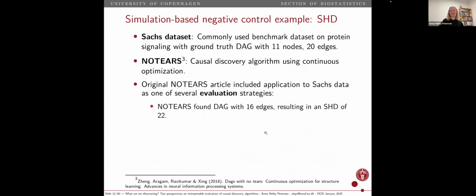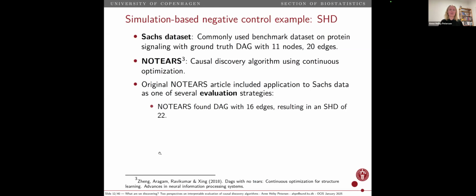Oh, well, you can compare that with a negative control by simply simulating a large number of DAGs with the same number of edges as NOTEARS found. I think I did it 1,000 times, and what you find is a structural Hamming distance of the same range as this, about 25. You can also use those simulations to obtain a confidence interval for that number, just by looking at the distribution you find in these simulations.